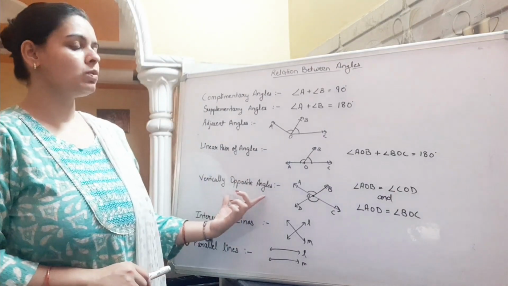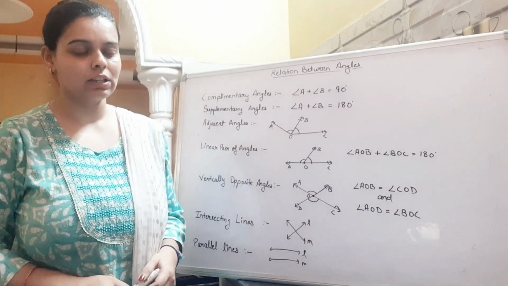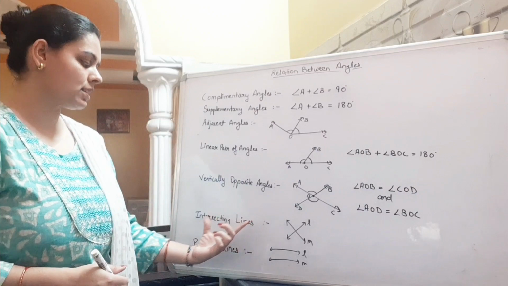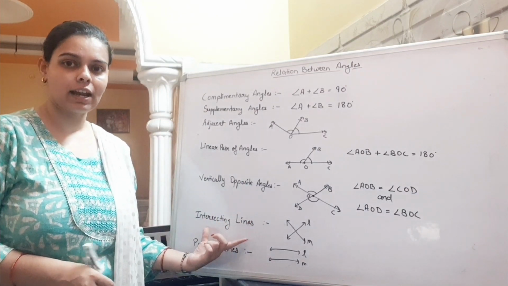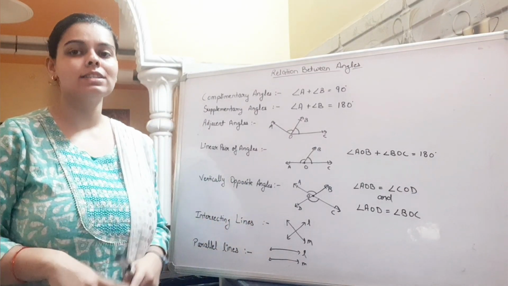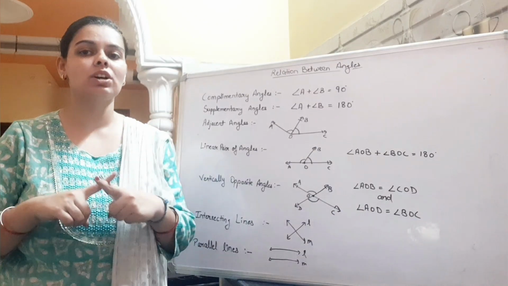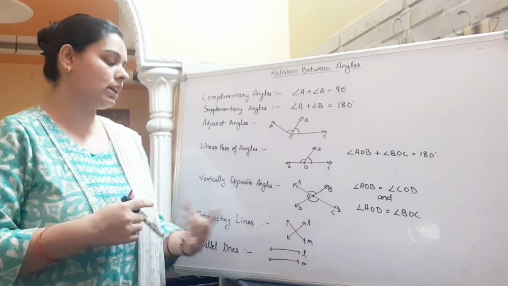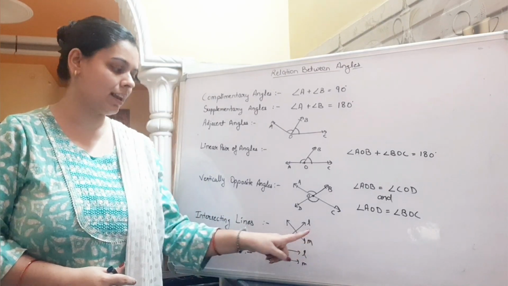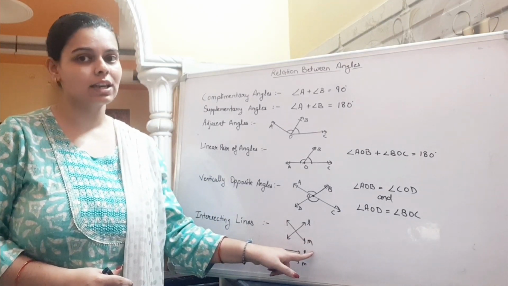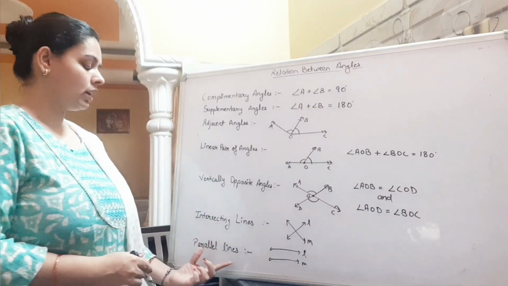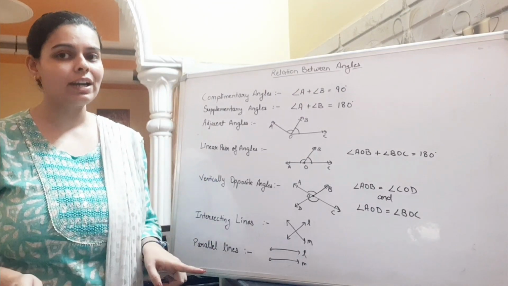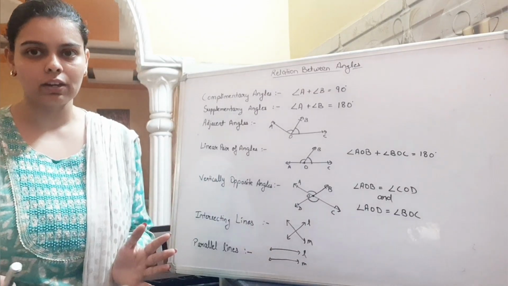Next one is vertically opposite angles. Before that, let's understand intersecting lines. When two lines intersect each other, that is, cut each other at a point, they are called intersecting lines, like L and M here. Another pair of lines are parallel lines, which do not intersect each other anywhere.